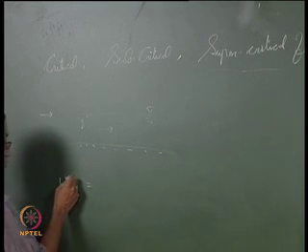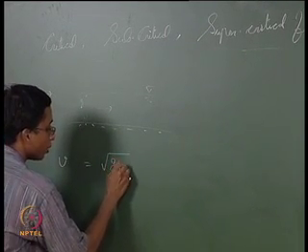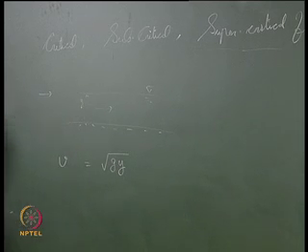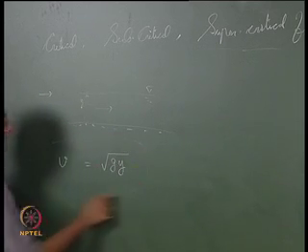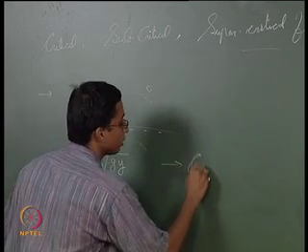That is, you can define velocity v is equal to root of g y. If you can describe any flow in this manner, this is called critical flow.